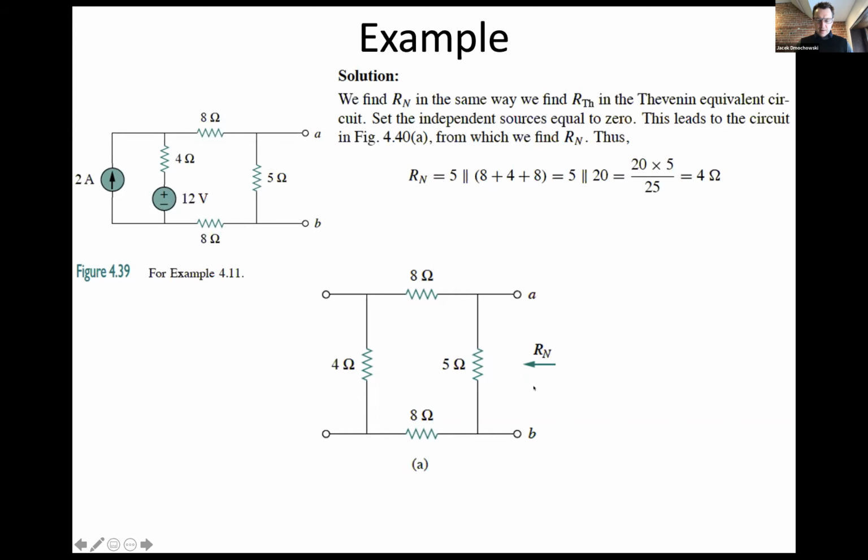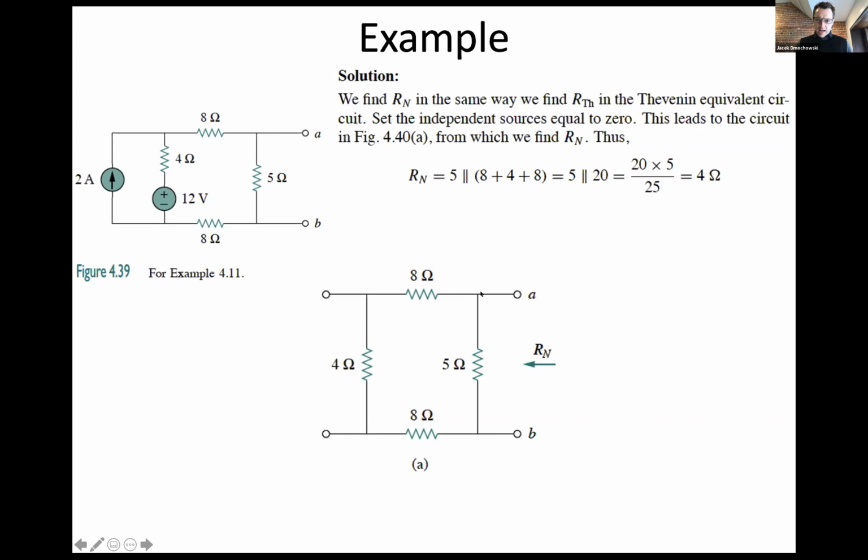So here we are back to the problem of reducing resistors, right? So here's an example of what we were just talking about with respect to the homework. To go from point A to point B, how many possible paths are there? Well, there are 2. One path is just a direct one across the 5 ohm resistor.